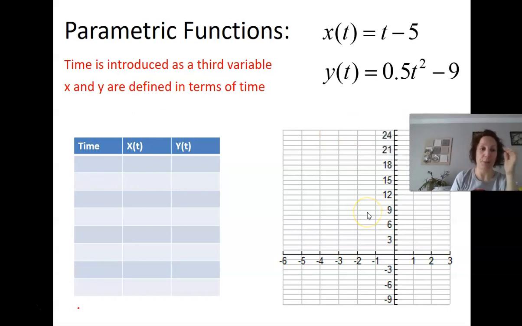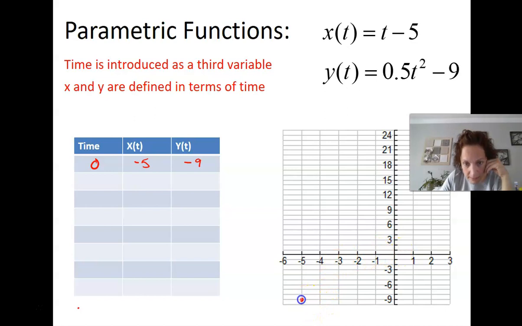If we make a table of values, let's start at time equals 0 because that's a reasonable time. At t equals 0, the position of this thing should be 0 minus 5 or negative 5, and 0 minus 9. That means the path of this particle begins at negative 5, negative 9.